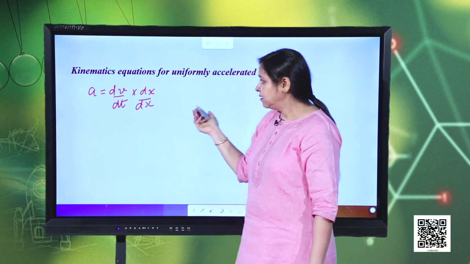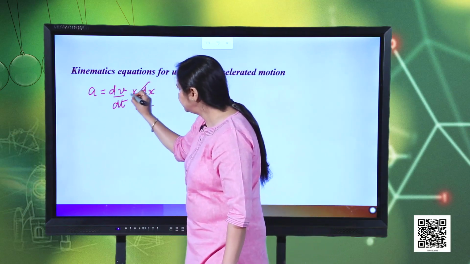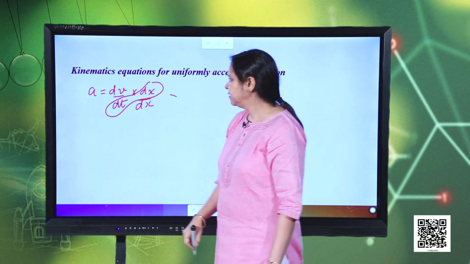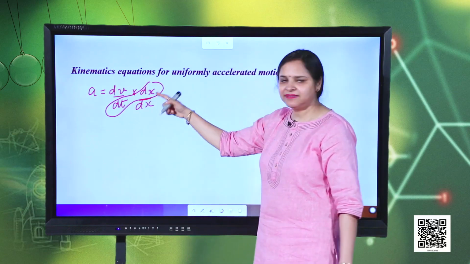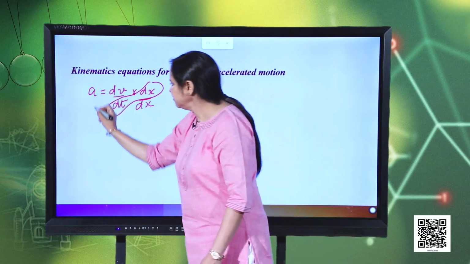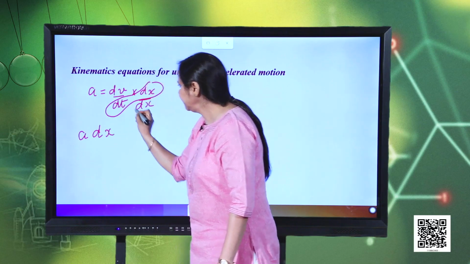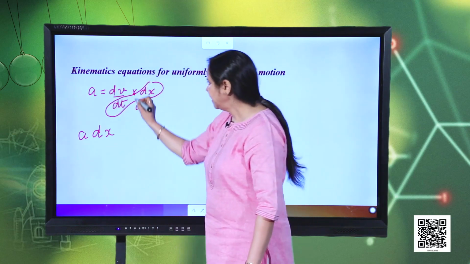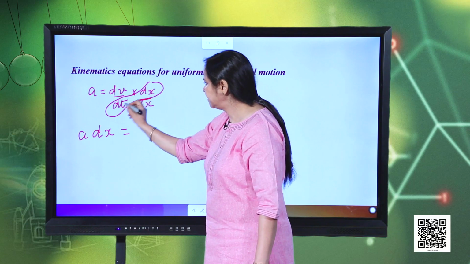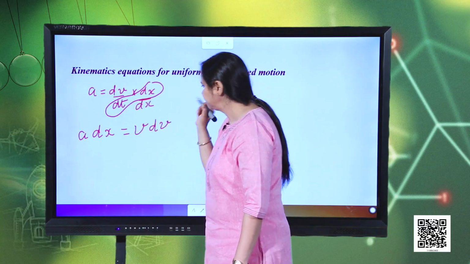Now, this dx upon dt can be considered as instantaneous velocity, right. So, I am just arranging the equation in this manner, changing the side of the dx, and then writing this dx by dt as v, and then this dv, right.